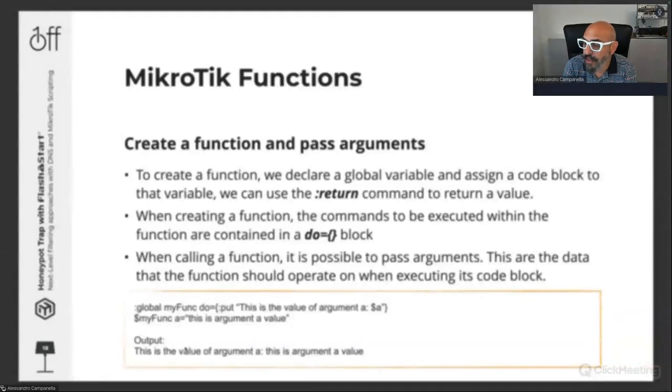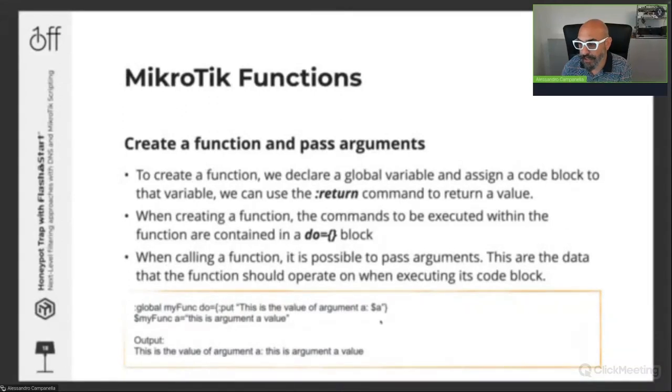All the commands inside the do block are executed as the function. We can also pass arguments, as shown in the code on the bottom. So for example, global my function do put, which means show me on the output: this is the value of argument a, colon, and the variable a.